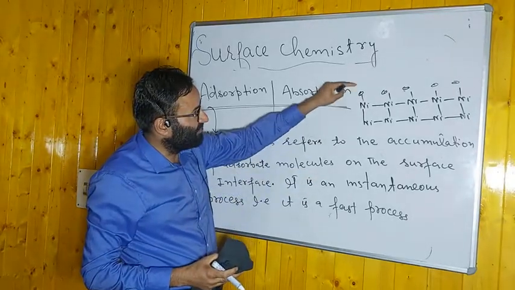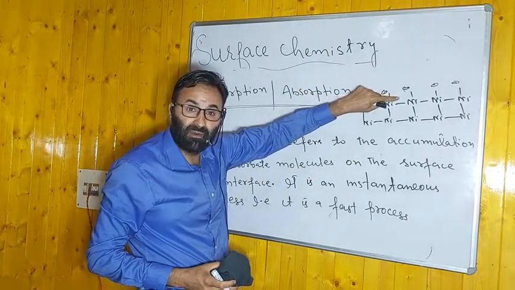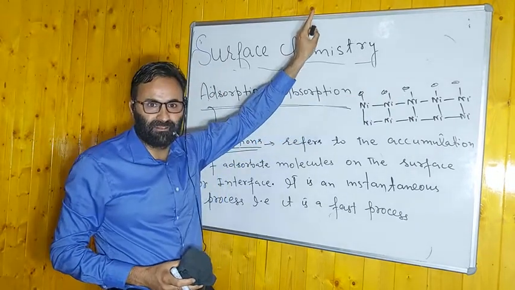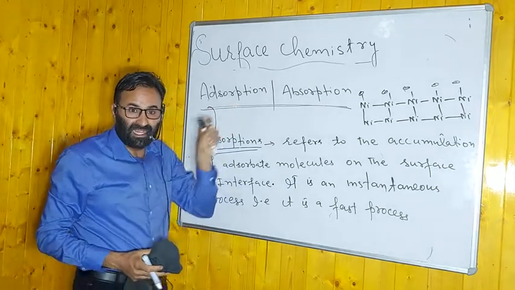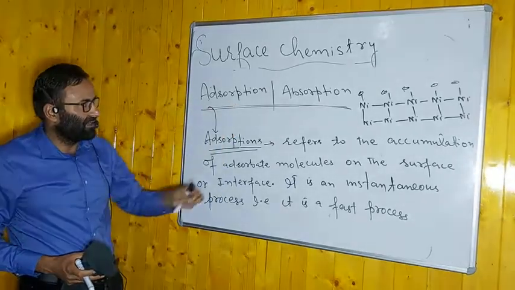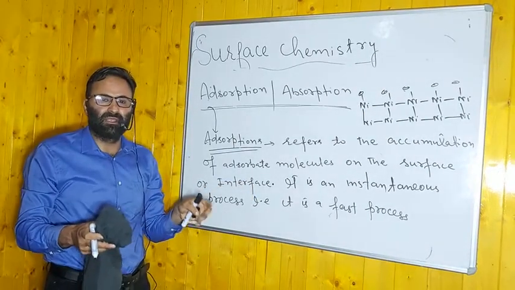The number of molecules coming toward the surface will be equal to the number of molecules escaping from the surface. It means that in adsorption an equilibrium is attained, but absorption occurs at a uniform rate and there is no equilibrium.